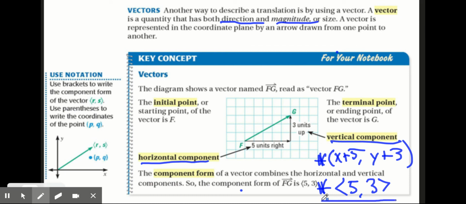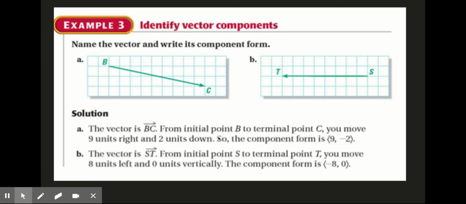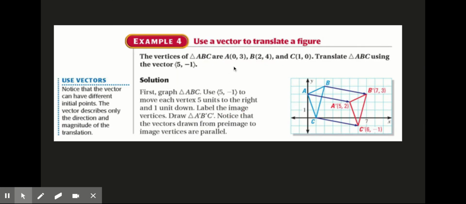It's just writing stuff as a vector, which I think is great. Okay, so I'll let you maybe pause here and look at this for a second. We can see here, applying the vector <5, -1> is like saying x plus 5 and y minus 1. The same things are happening. Over 5 down 1, over 5 down 1, over 5 down 1 to every point.